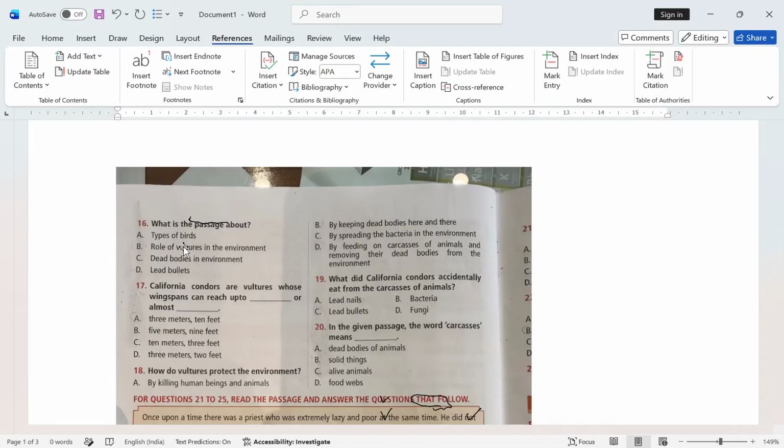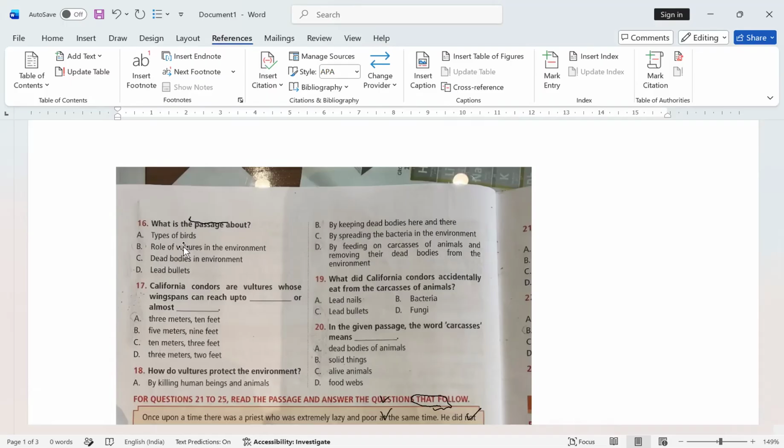A. Lead nails. B. Bacteria. C. Lead bullets. D. Fungi. Question 20. In the given passage, the word carcasses means, say it properly.